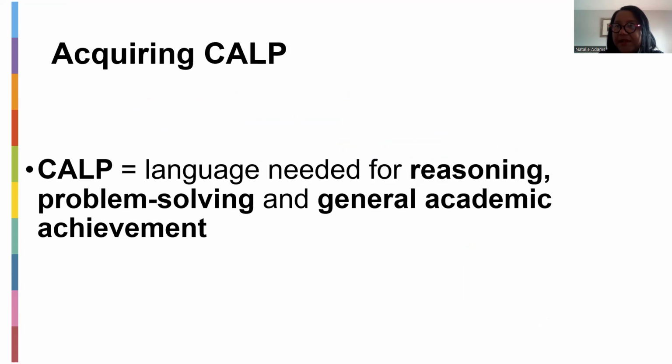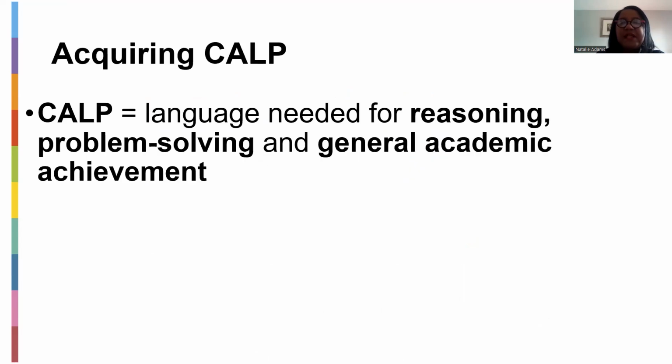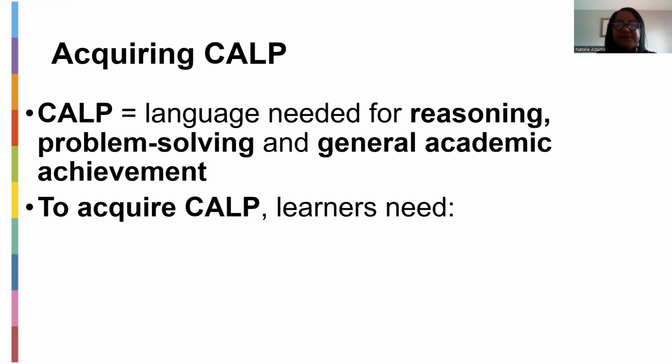So how do we acquire CALP? CALP is when you need language for reasoning, problem solving, and general academic achievement. Remember, BICS is the top of the iceberg, but if you look at that diagram again, CALP is at the bottom, and you need CALP for reasoning, for problem solving, and academic achievement. Now, how do they acquire CALP?